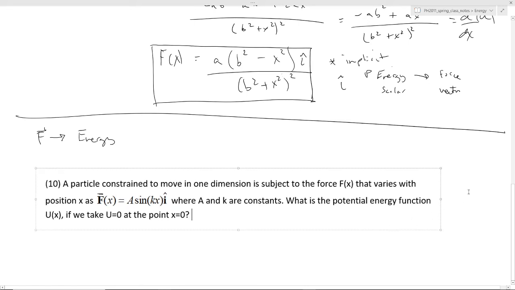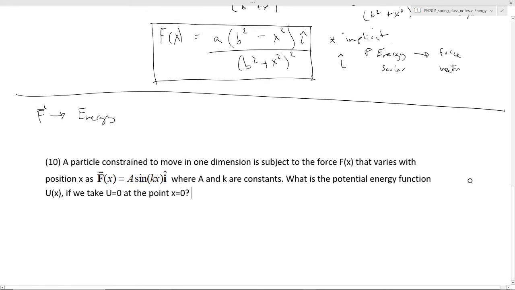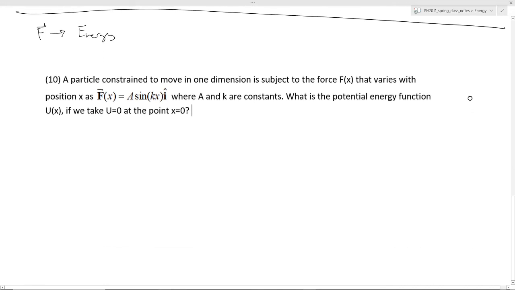We have a particle constrained to move in one dimension subject to the force f of x that varies with position x as f of x equals a sine kx in the i hat direction, where a and k are constants. So the question is, what is the potential energy function u of x if we take u being equal to 0 at the point x equals 0?